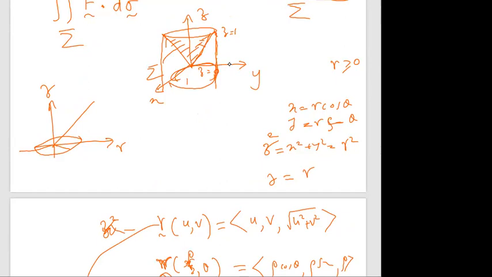This is an infinitesimal area on the sigma surface, d sigma, and the corresponding area here, dA. You know the conversion: d sigma is equal to the magnitude of r_u cross r_v times dA. So let's compute this.